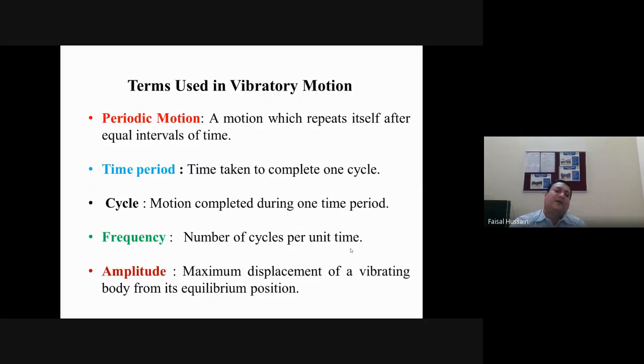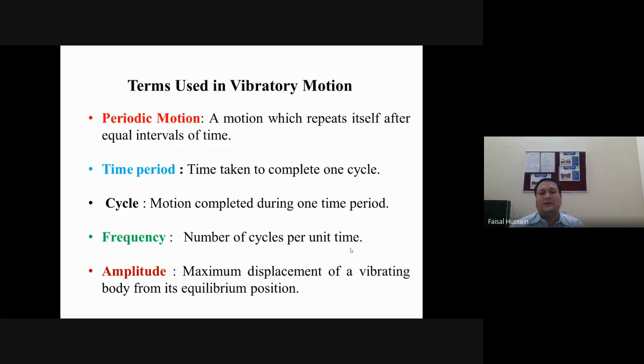Similarly, the various terms used in vibratory motions are as follows. One is the periodic motion, second is your time period, third is your cycle, fourth is your frequency, and the last is your amplitude. Now, what is periodic motion?